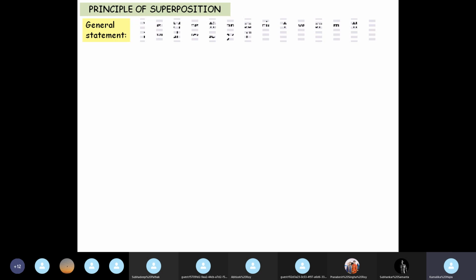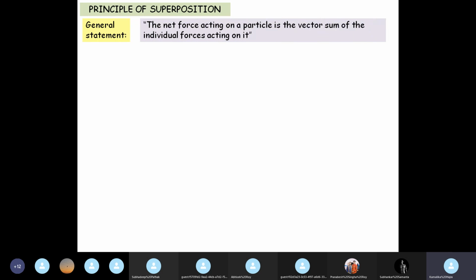The net force acting on a particle is the vector sum of the individual forces acting on it.